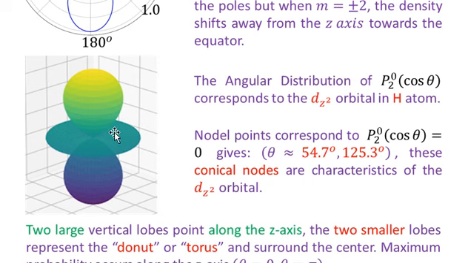So you can see that many lines will be passing around this shape, passing through this donut or the torus function, and approaching the center of this wave function, where the wave function is 0. So this shape in chemistry is referred to as the dz square orbital.